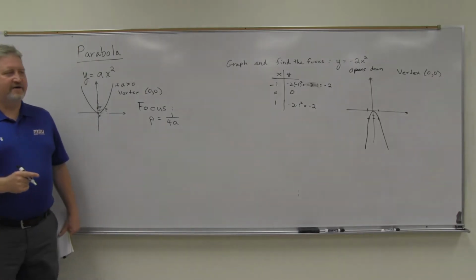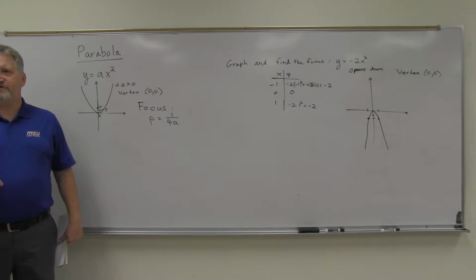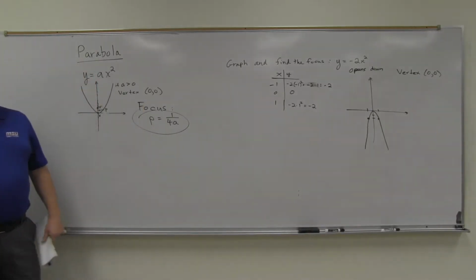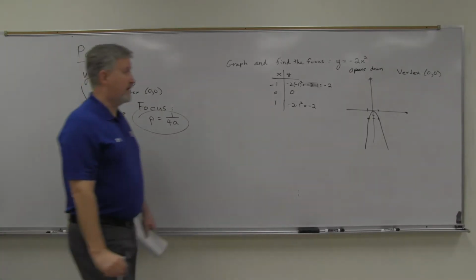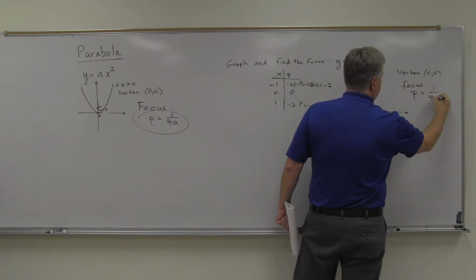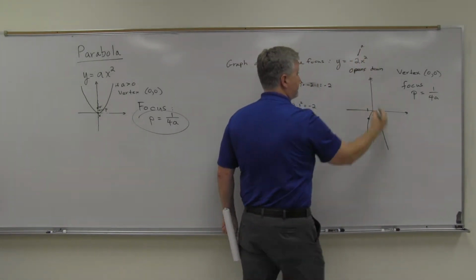Now the one other added feature I'd like for you to find, or they will ask you to find, is the focus. And again, for the parabolas, it's that p, which I like for you to say is 1 over 4a. There are different ways of finding it, but for the focus, you do 1 over 4a, which in this case, a is negative 2.